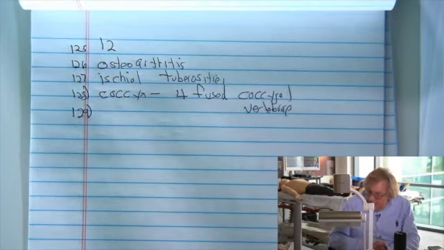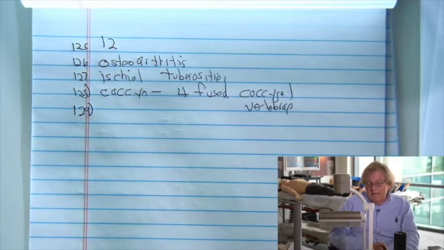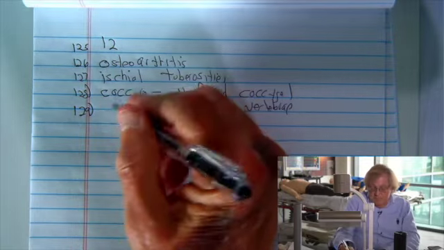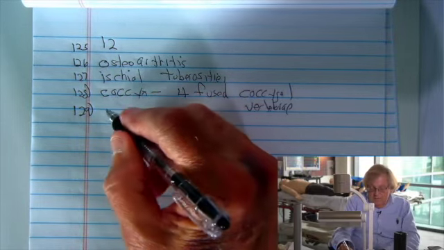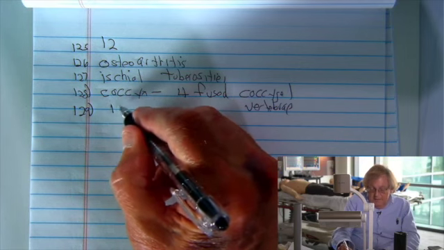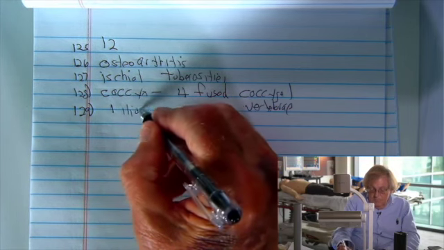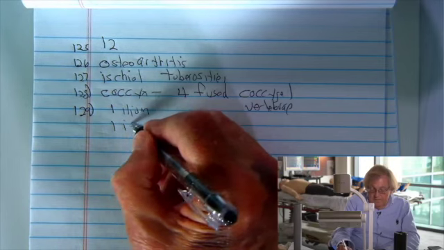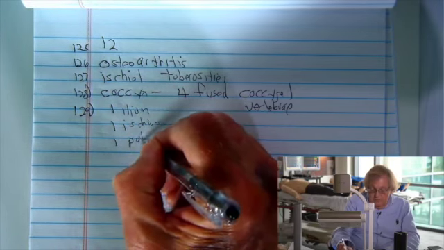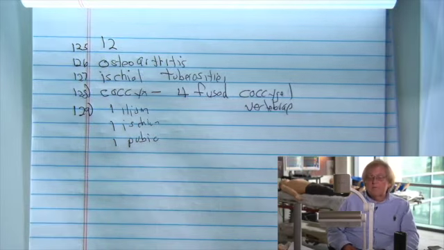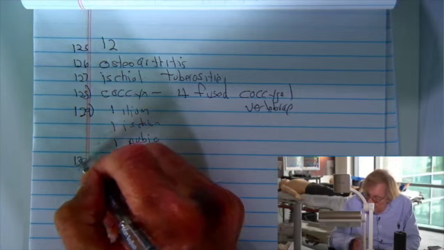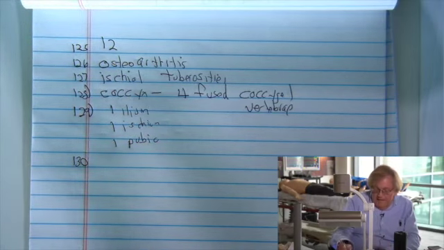129 says os coxae. Remember, os coxae was really one ilium, one ischium, and one pubic bone. So therefore, the os coxae was the old name for one ilium, one ischium, and one pubic bone, or pubis bone. Number 130 says two parts of the hypophysis.